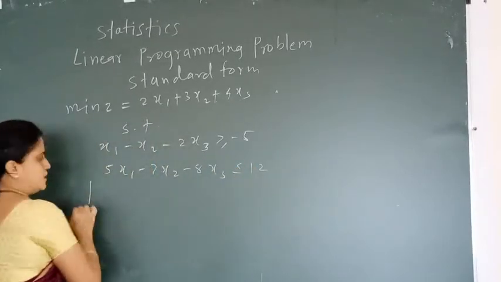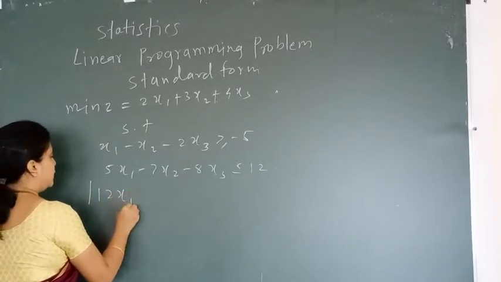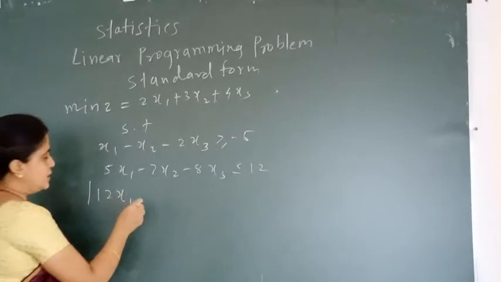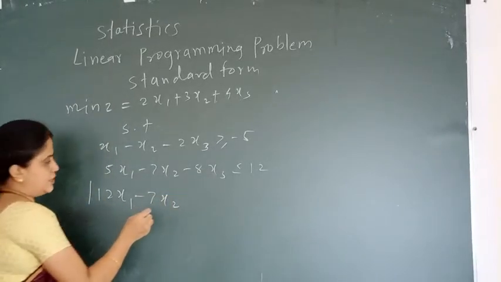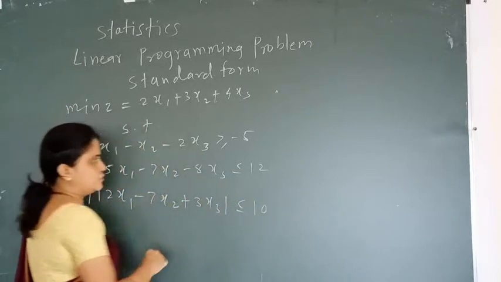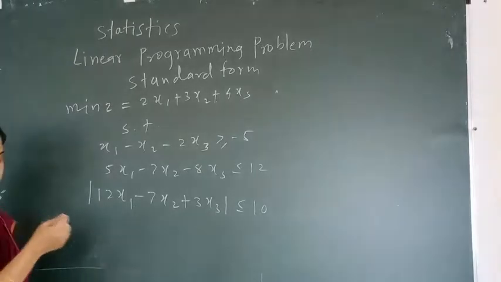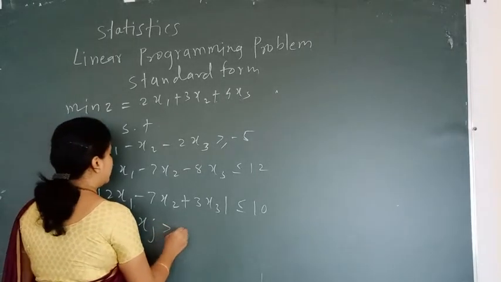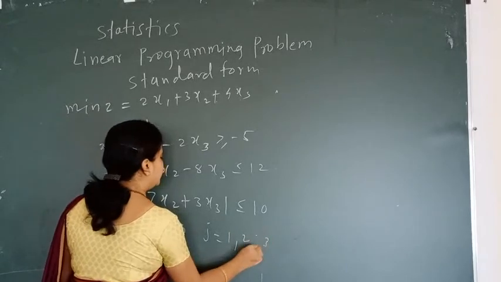And the next constraint, which is in the modulus sign, is mod of 12x1 minus 7x2 plus 3x3 less than or equal to 10. So these are the constraints placed on my objective function. So xj greater than or equal to 0, j varying from 1 to 3. This is the non-negative restriction.